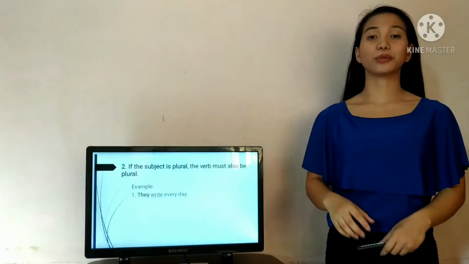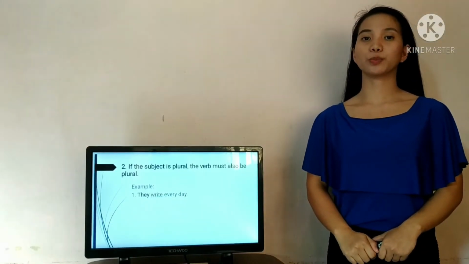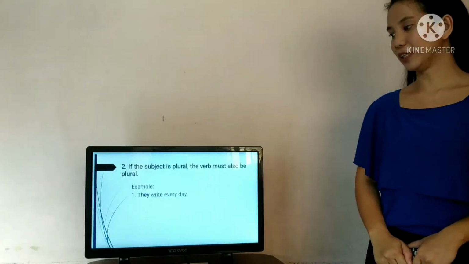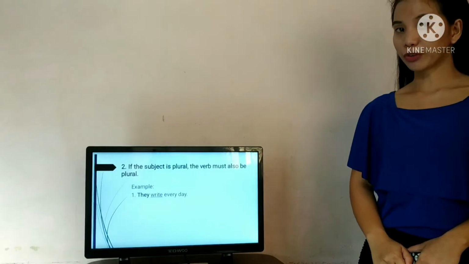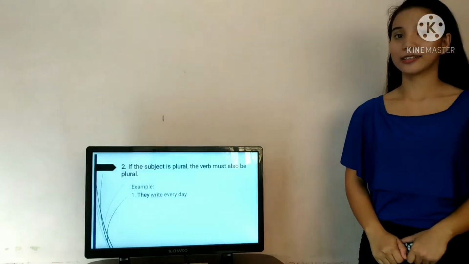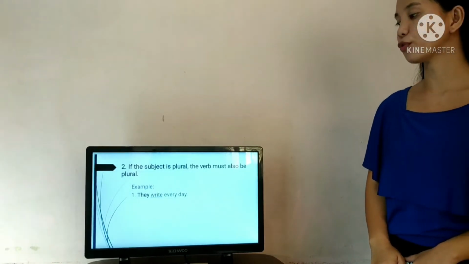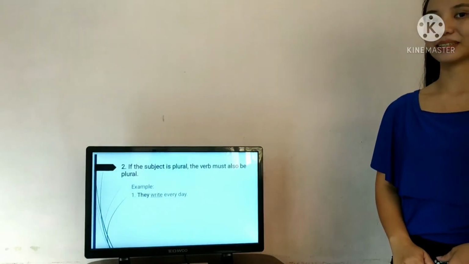The second rule says, if the subject is plural, the verb must be plural too. In our example, they write every day. Since they is a plural pronoun, it takes the plural form of verb, which is write.